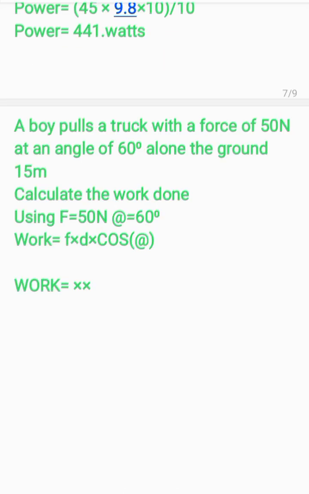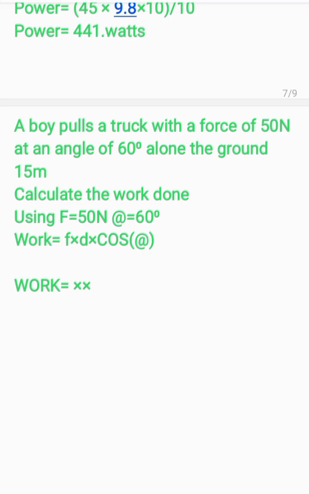A boy pulls a truck with a force of 50 newtons at an angle of 60 degrees along the ground for 15 meters. Now he pulls the truck to a distance of 15 meters at an angle of 60 degrees with a force of 50 newtons. Calculate the work done. Now using the formula, work is force times displacement times cos theta.